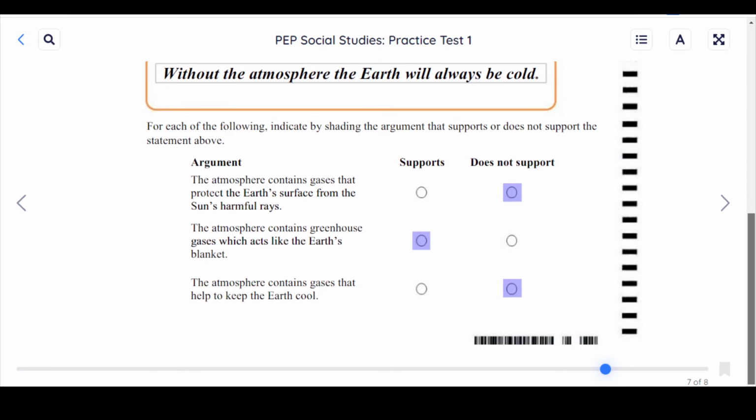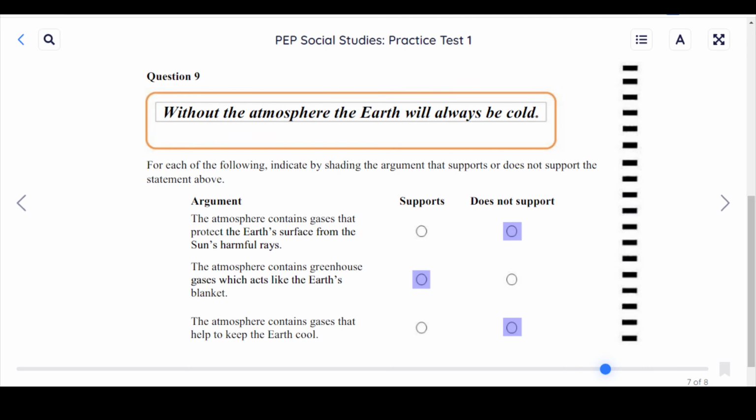On pages 183 to 187, we can find out about the layers of the atmosphere, the troposphere, mesosphere, all of those things. So you know where to go if you're not so sure about what that whole section is about. This whole question is pointing to that particular section.